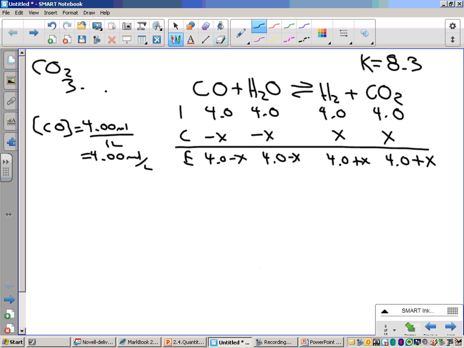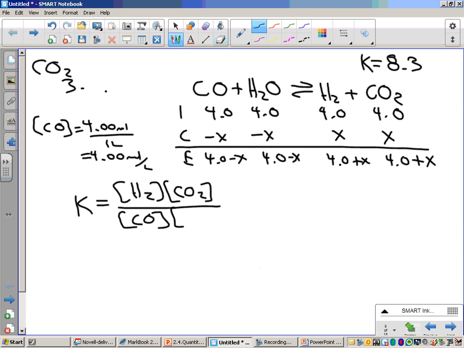But we have a secondary equation. We know the equilibrium expression, and we know what that value is supposed to be equal to. So I can make the statement, K is equal to the concentration of H2 times the concentration of CO2 over the concentration of CO times the concentration of H2O.